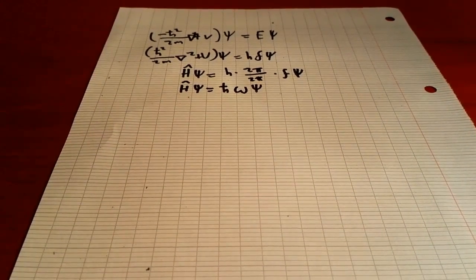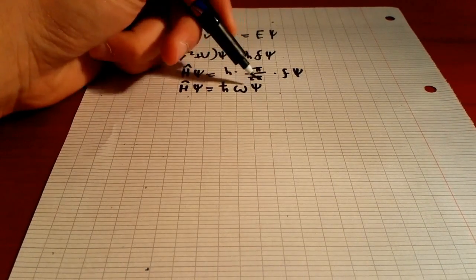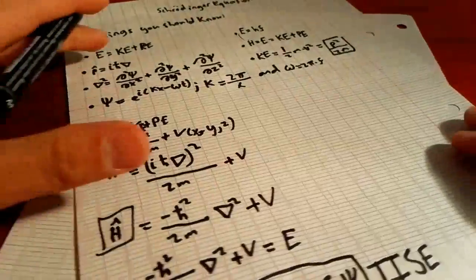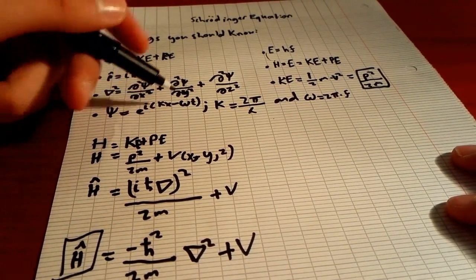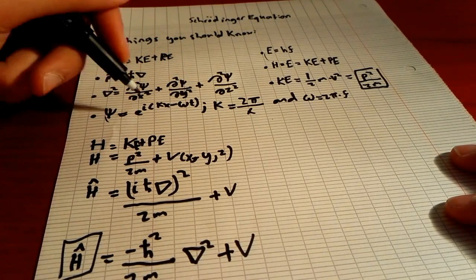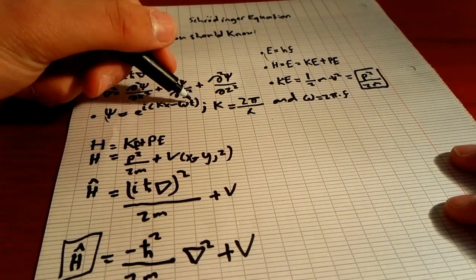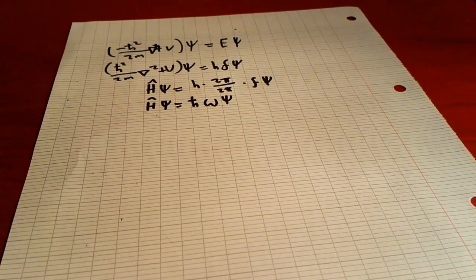We can't just put time somewhere there. It has to be related to the wave function. So let's come back, and we see that psi is equal to e to the i(kx minus omega t). This is a time term, so we're going to have to differentiate it with respect to time somewhere.